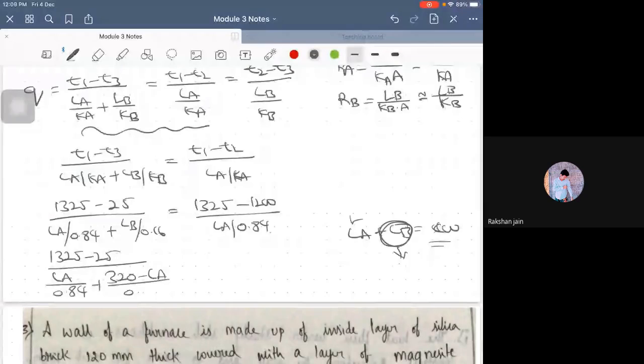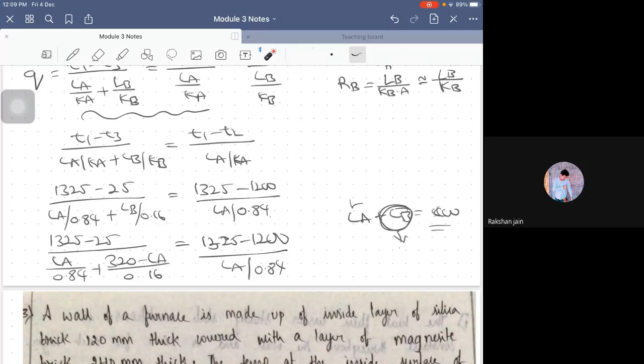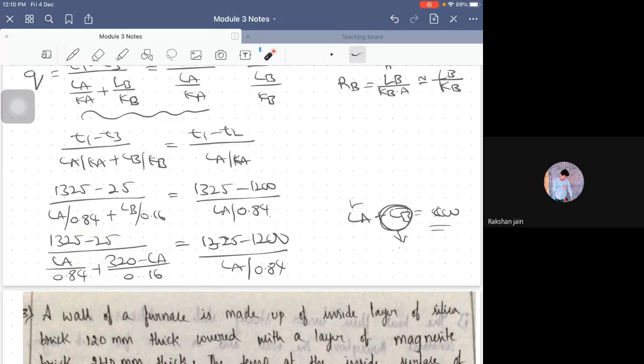That equals 1325 minus 1200 divided by LA divided by 0.84. If you observe this equation, you have only one unknown. You can solve this with your mathematics and give me the answer for LA.